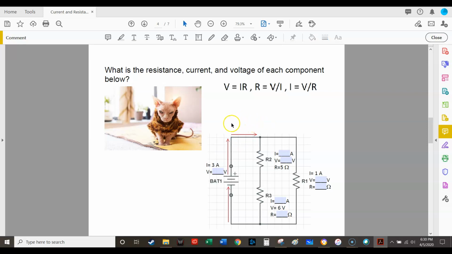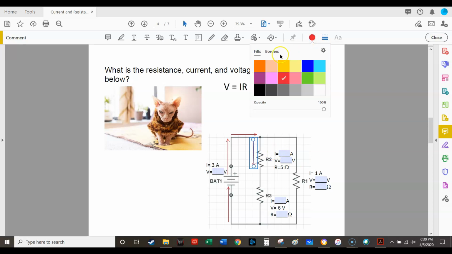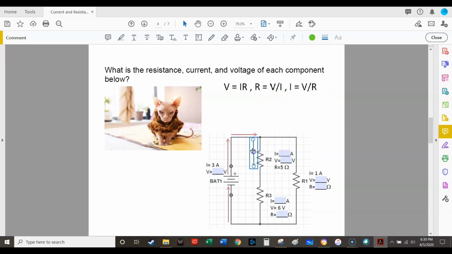And we know that a certain amount of that amperage, since the current's going to split, I'm going to use a different color. I'm going to use green for this branch that's going through R2.